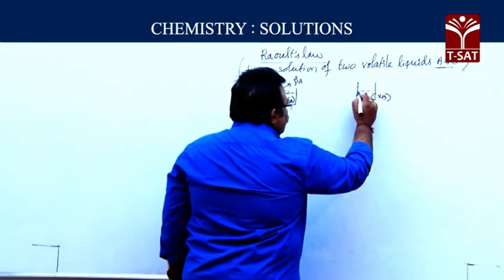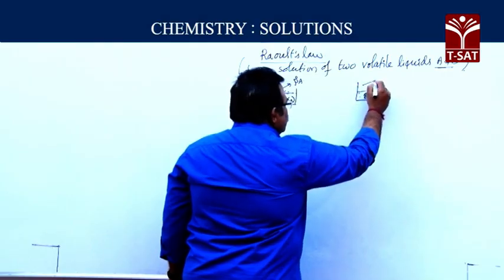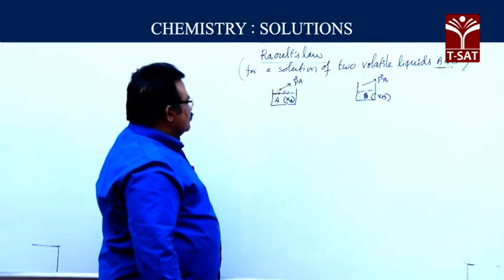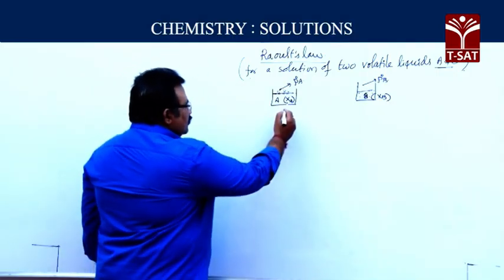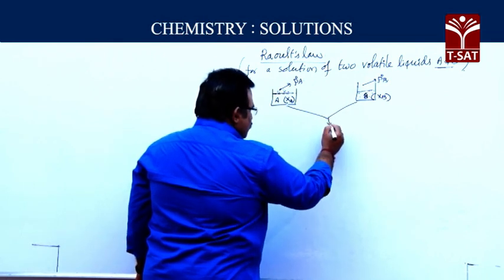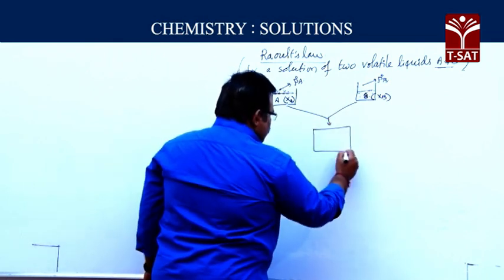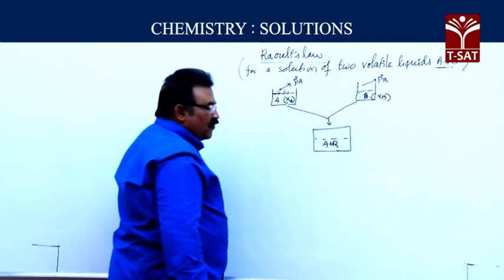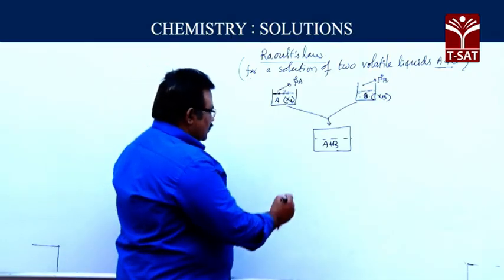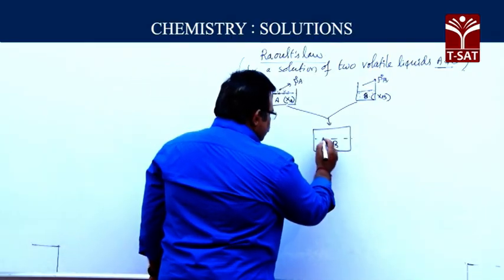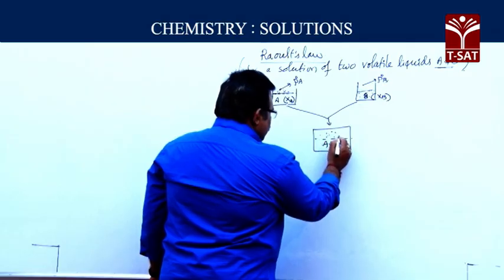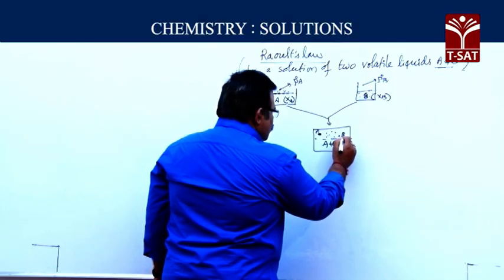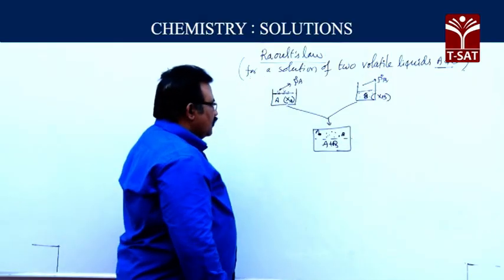The vapor pressure of B liquid on its liquid surface is P0B. Now, these two liquids are mixed in a container. Now, the solution of AB is formed. In this solution, some A particles and some B molecules will come as vapor.